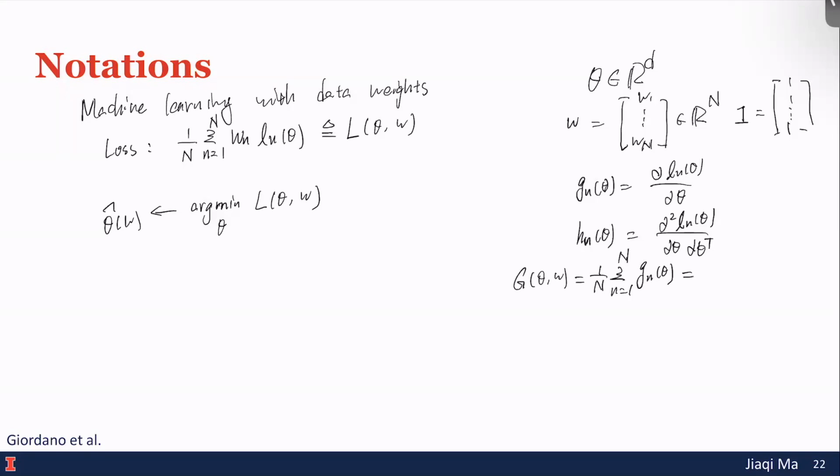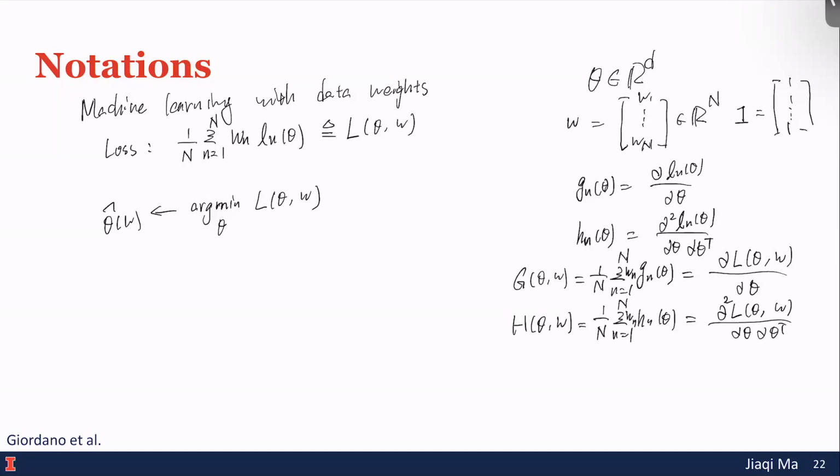This also equals the gradient of capital L(theta, w). And similarly, the Hessian H is the average over all the H_n(theta), again with the weights w_n, which is also the Hessian of capital L(theta, w), that is, the second partial derivative with respect to theta and theta transpose.